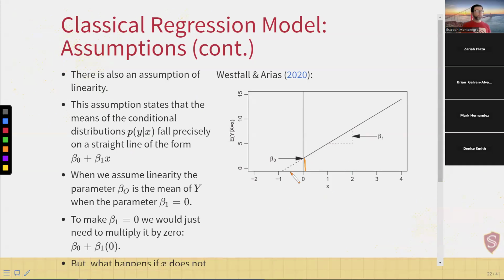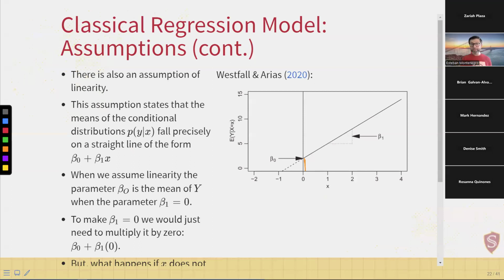This is something that we call a linear function, and probably you remember linear functions from high school, right? I don't know if you did a lot of math in high school, but sometimes they explain a little bit of algebra and calculus. So as you might remember, linear functions look like this. They have an intercept and a slope.